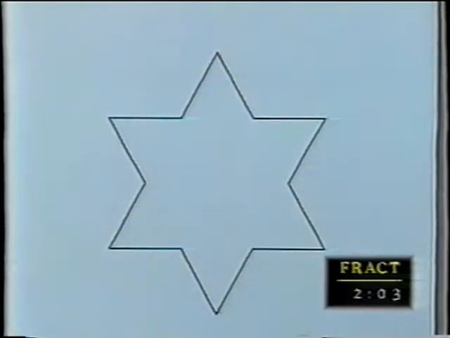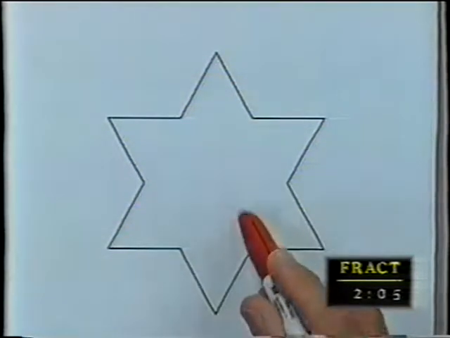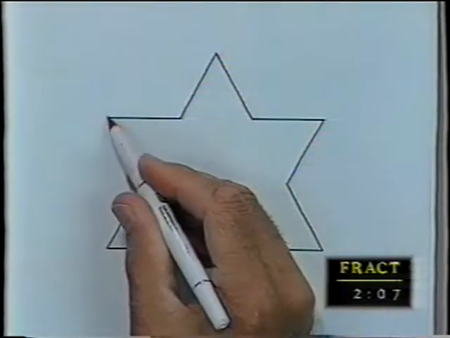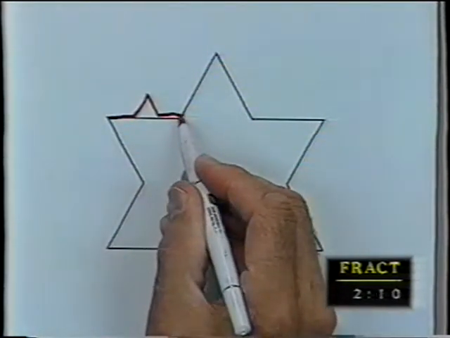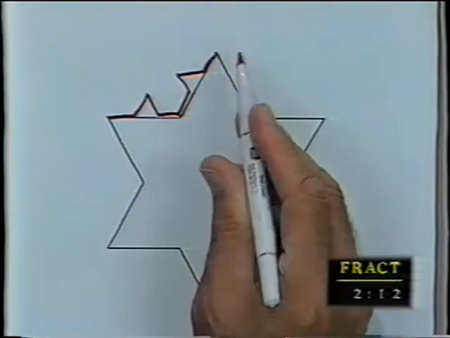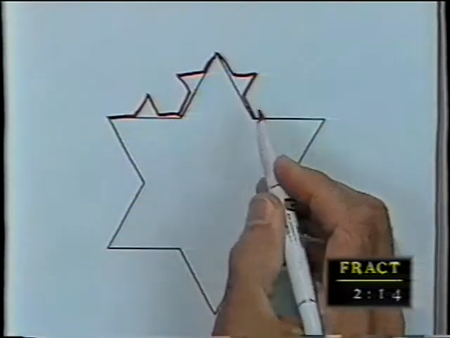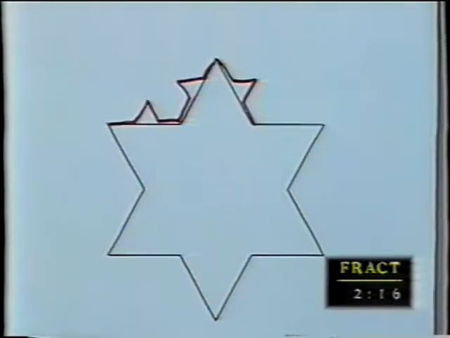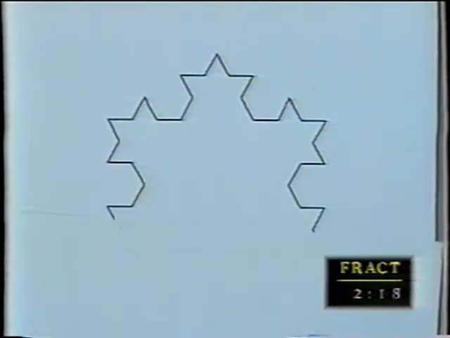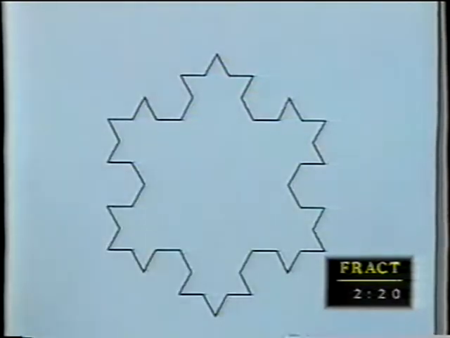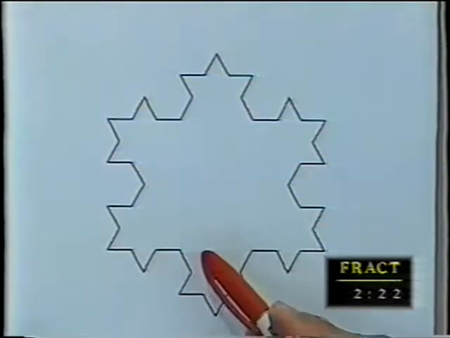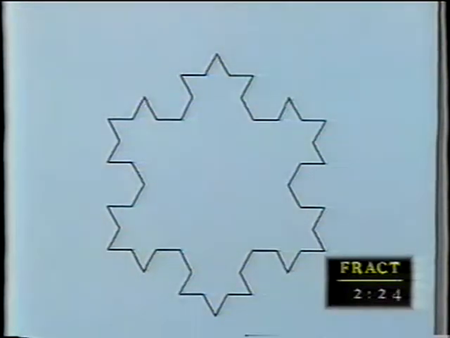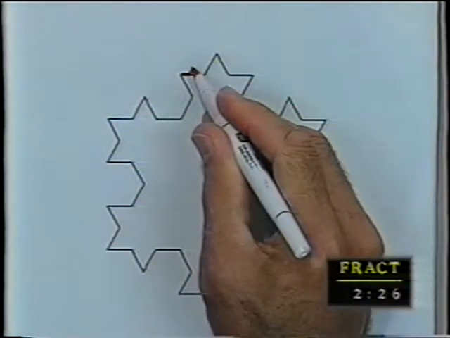The next generation, we replace each line in the figure with the generator, so that this line is replaced with this. This line is replaced with this. This line is replaced with this. And you can see what's happening if you go on and on. You get a picture that looks like that. See? And now, continuing on, this line is replaced with this.